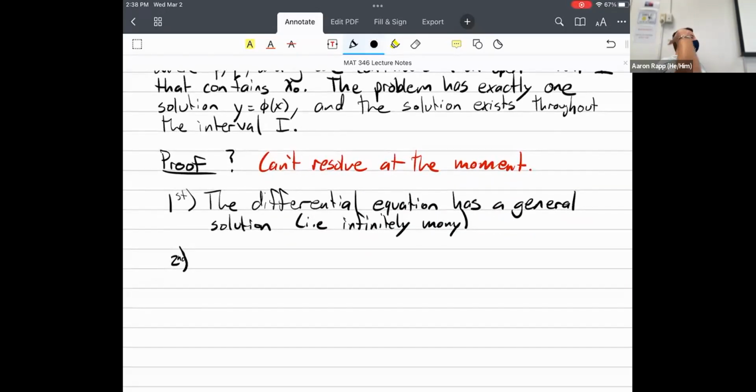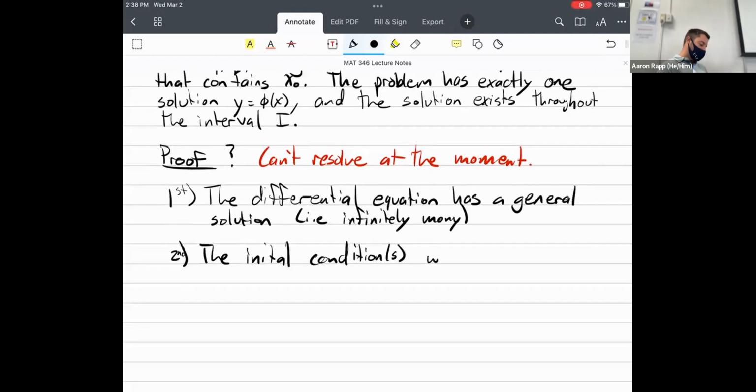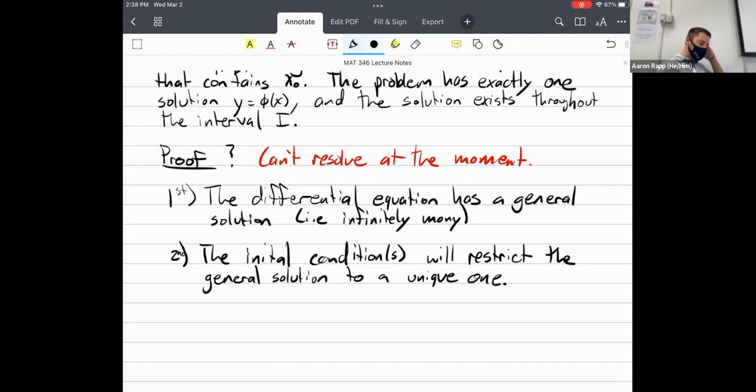So the differential equation will always give us this general solution. The initial condition or conditions will restrict the general solution to a unique one.